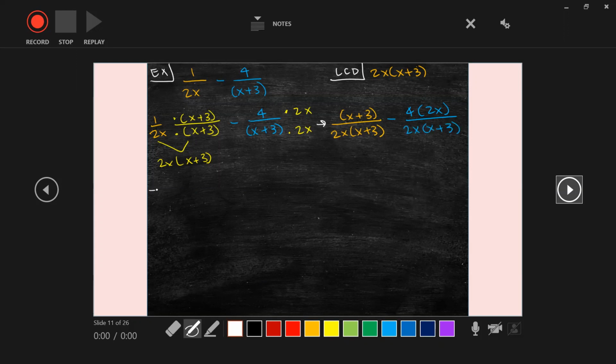I can put that all over the same common denominator of 2x times x plus 3 and have x plus 3 minus, what is 4 times 2x? 8x. The simplified version of this is going to be what in the numerator? I've got an x and a negative 8x. Yeah, so I'll have negative 7x plus 3 all over 2x times x plus 3.